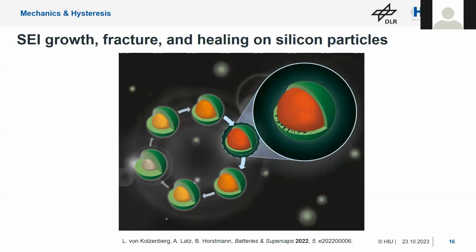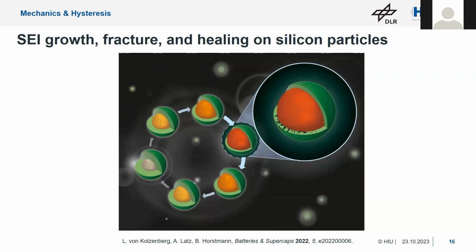And in this way, also the SEI on top is stretched. And when the SEI on top is stretched, it's thinning. Okay, so the SEI has a larger circumference, but a smaller thickness.